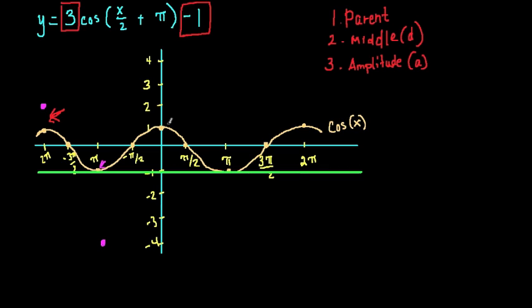For this high right here, we'll go 3 above the line, 1, 2, 3. And we'll do the same thing here, 1, 2, 3, and 1, 2, 3. And then all of those points that were originally on the middle line will stay on the middle line.